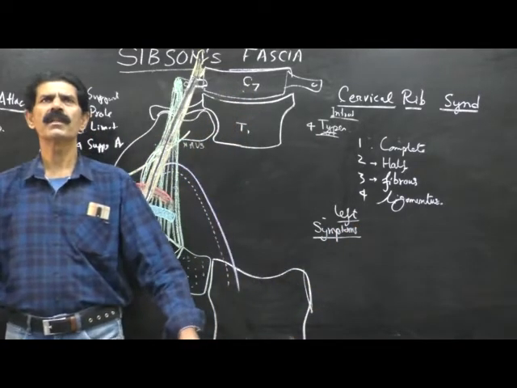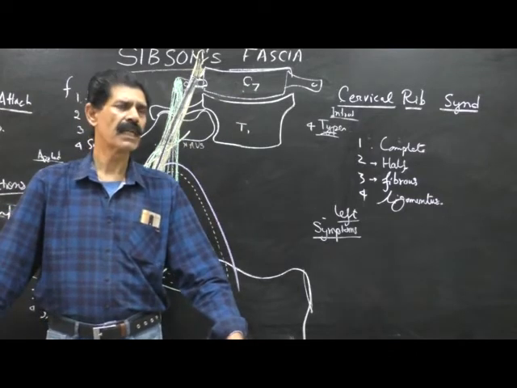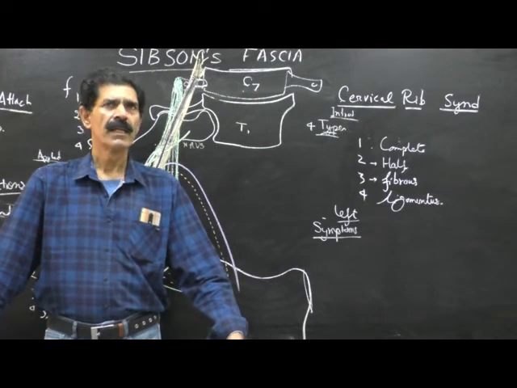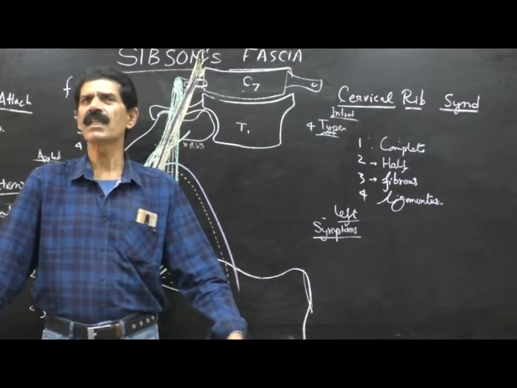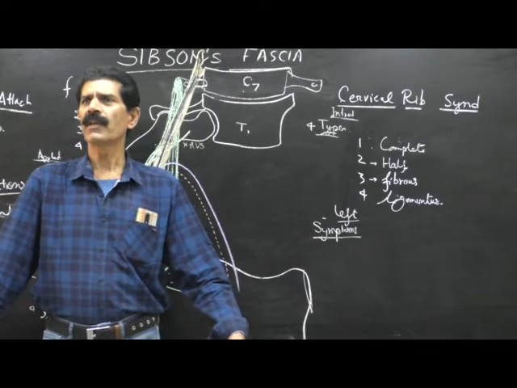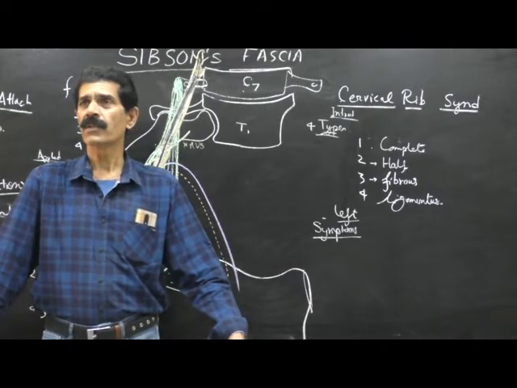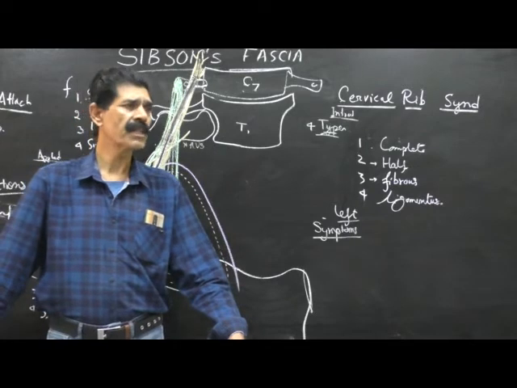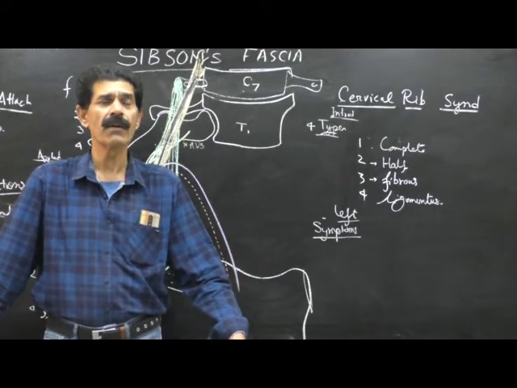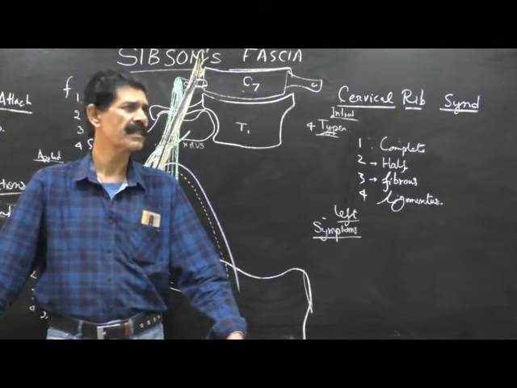How does the patient come to the doctor, with what problems? That is called the symptoms. So symptoms are when the patient is saying that I am having this problem. Another word you use is signs and symptoms. Symptoms are told by the patient and signs are discovered or diagnosed by a physician or a doctor. So there is a difference between signs and symptoms.